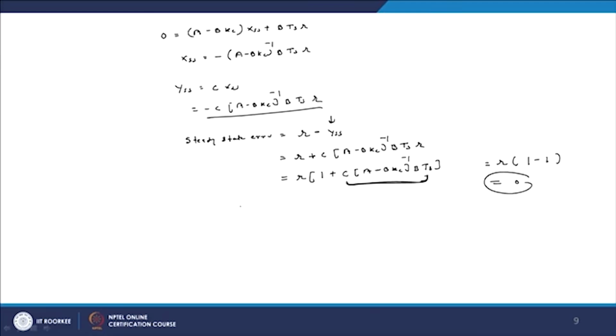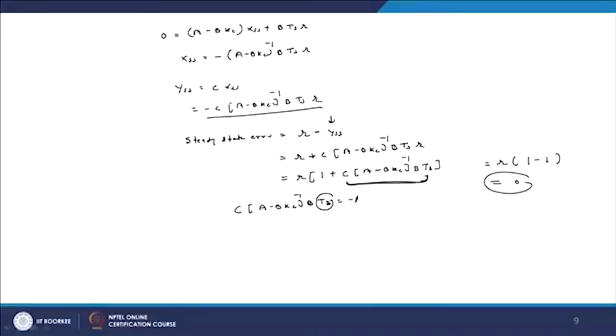So we can write C (A minus BK) inverse B into Ts equal to minus 1. Here all these parameters A, B, C are known and cannot change; the change we can make is in the Ts. That means we have to design Ts in such a manner that it makes the steady state error 0.